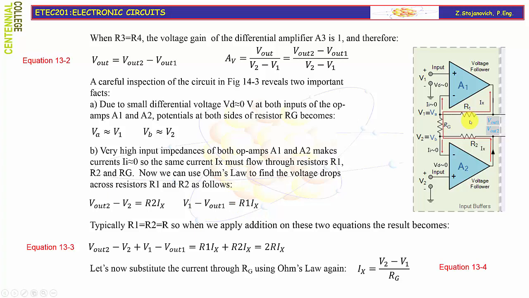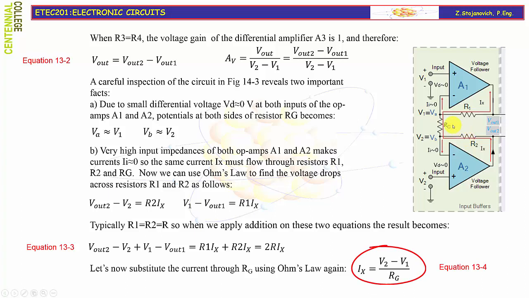Typically R1 and R2 are equal, so when we apply addition to those two equations, the result becomes equation 13-3. We are summing left-hand sides and right-hand sides, and they are all given in equation 13-3. Now we substitute the current through Rg using Ohm's law again, which is given in equation 13-4.